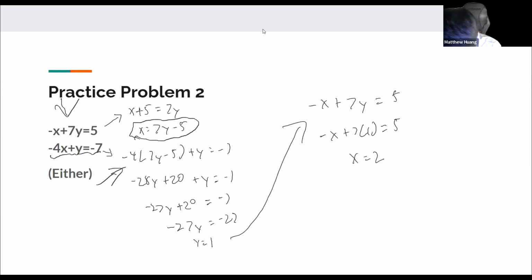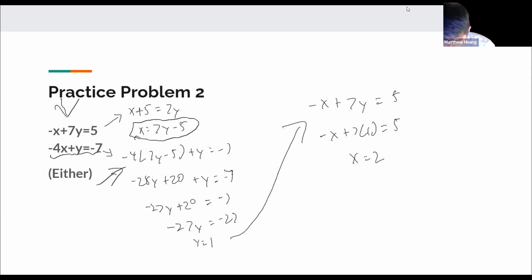We ended up with 20y plus 20 plus y is equal to negative 7. Forgive my bad handwriting. Then we simplify that and turn it into negative 27y plus 20 is equal to negative 7. Then we isolate the y variable, and we end up with negative 27y is equal to negative 27. From that, it's clear that y is equal to 1.